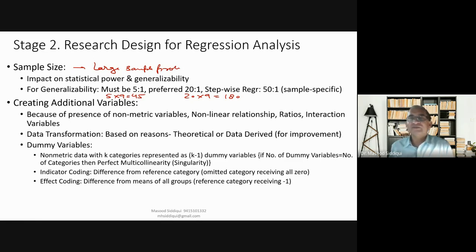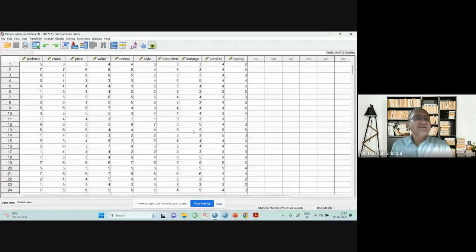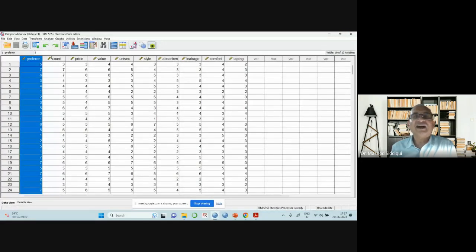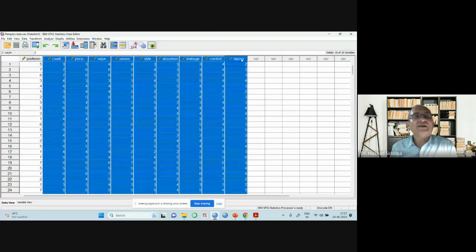Any question? Okay. This case I have already shared. This is the Pampers data. This is our y variable and these are our diaper attributes.